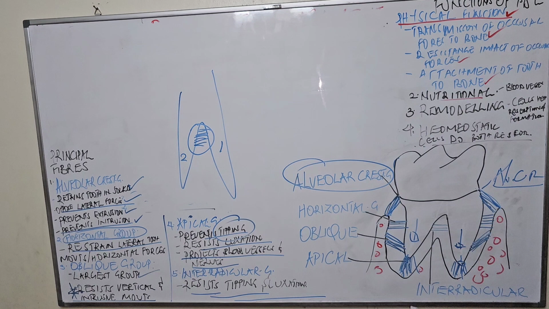Nutrition. We already talked about how blood vessels pass through here to the bone, and of course they are supported by the tooth. Don't forget that there are also microscopic canals which may be on the sides, but this is the gross structure of a tooth.